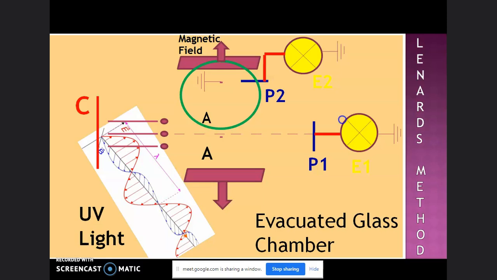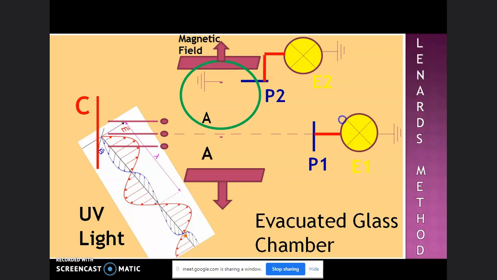So E1 and E2 measure the number of electrons produced by the cathode. Through this glass the light is passed. This is totally evacuated, no air particle is present inside the glass chamber. Only light can pass.